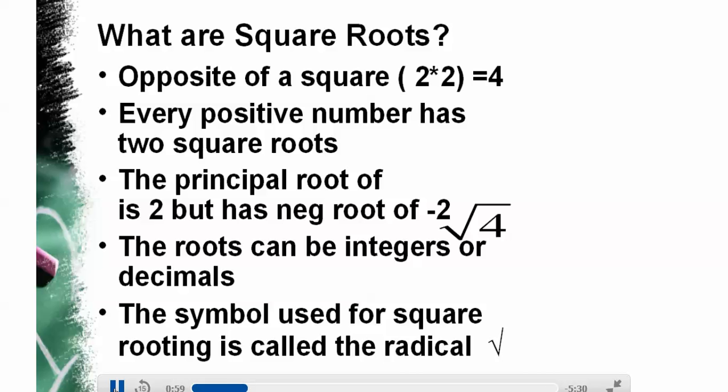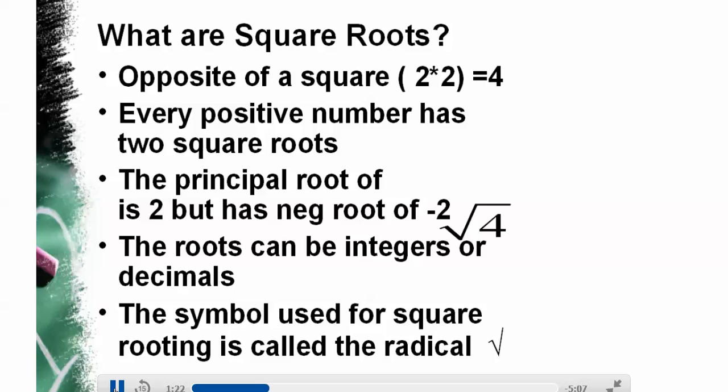We all know that 2 times 2 is equal to 4. So the square root of 4 would be 2. But here's the thing. Every single positive number has 2 square roots. The principal square root of 4 is 2. But the negative square root of 4 is negative 2.